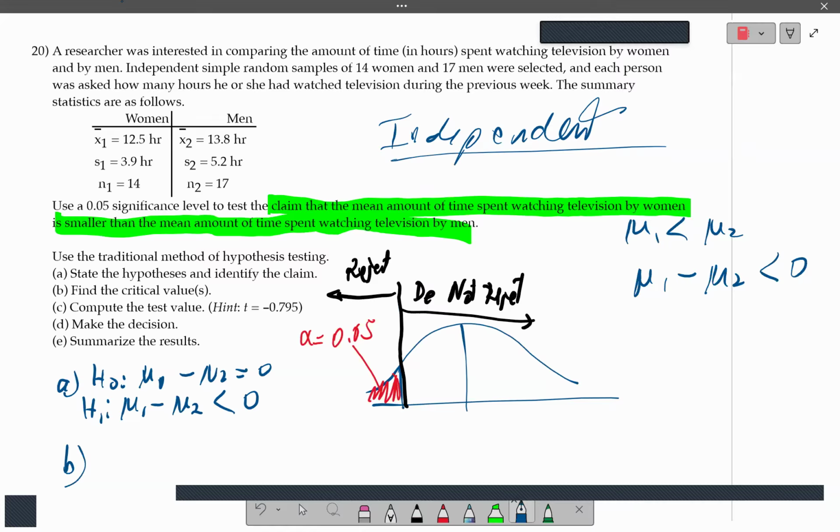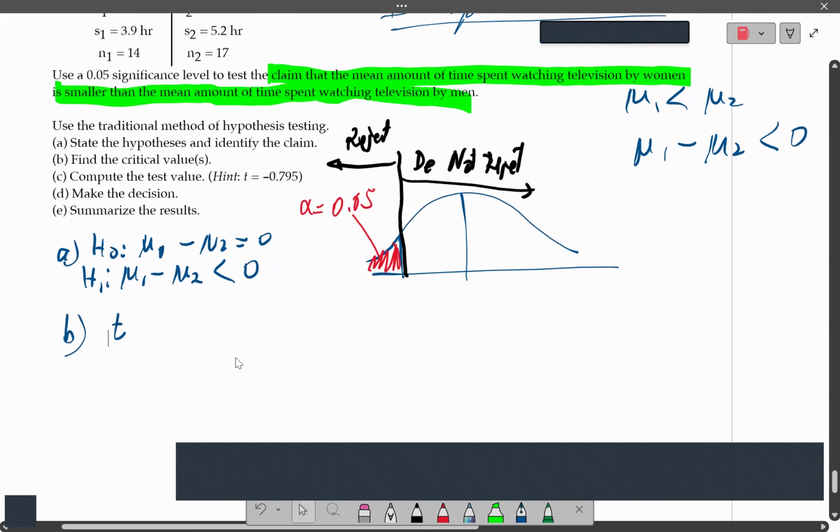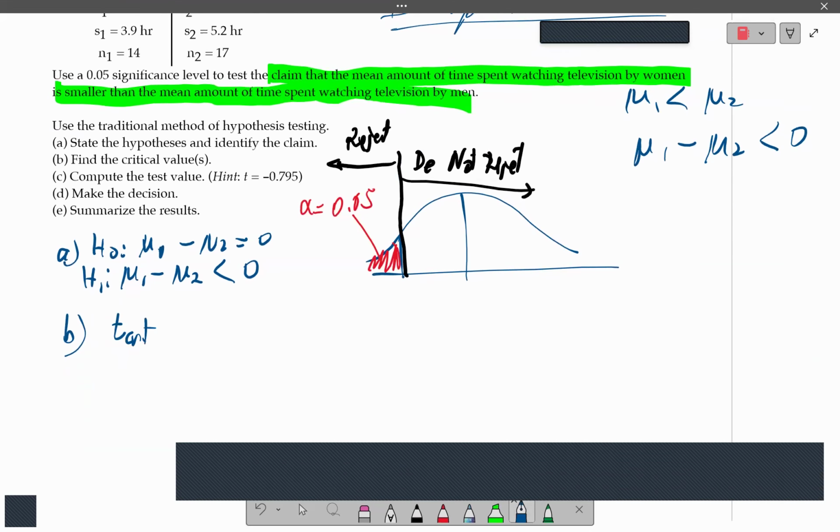I think the N is the easiest one. So this is the T value, and I am looking for the T critical. For the critical value I need to know the degrees of freedom.